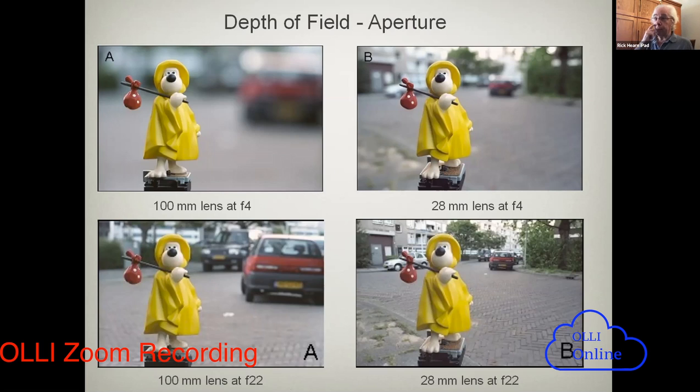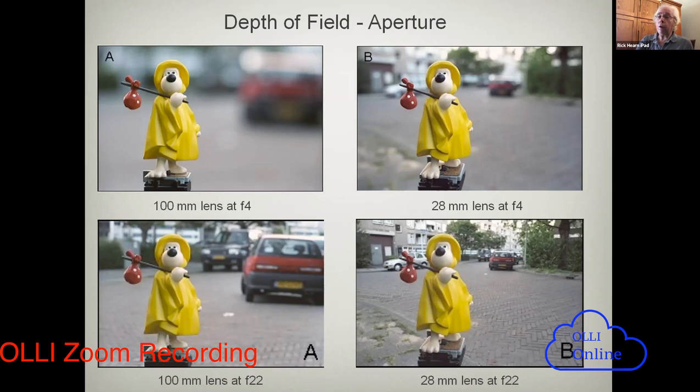In the top left picture, the red car is so far out of focus that you would be hard-pressed to know that it's a car if you didn't get told. The difference there is that F22 gives you a lot of depth of field. F4 gives you very little depth of field.